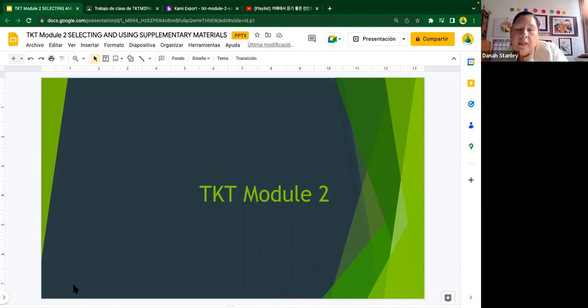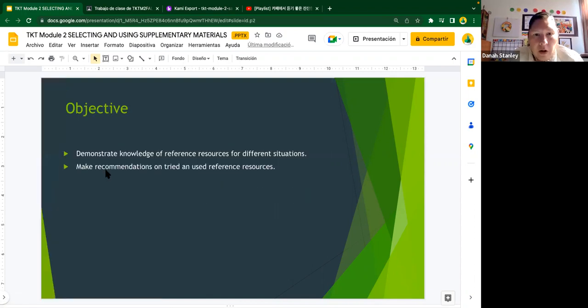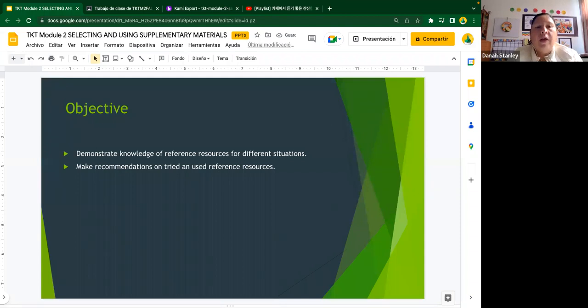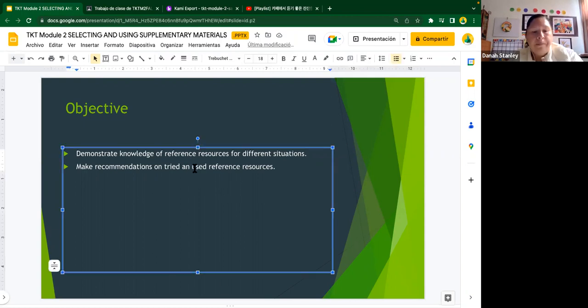So now we are going to talk about supplementary materials, okay? So the objective is to demonstrate knowledge of referent resources for different situations. Make recommendations on tried and used reference resources, okay?